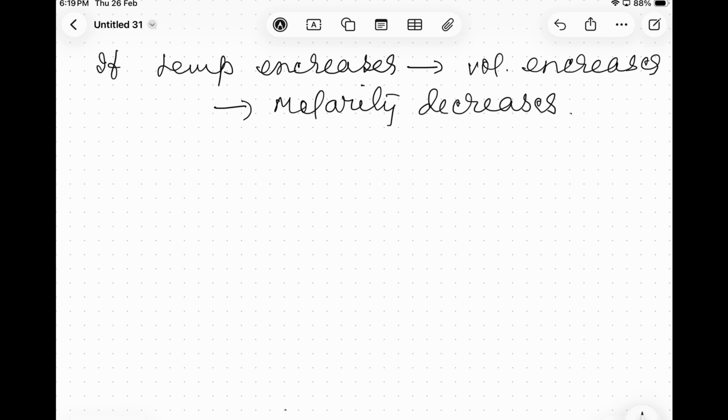That is why molarity is not preferred in colligative properties.